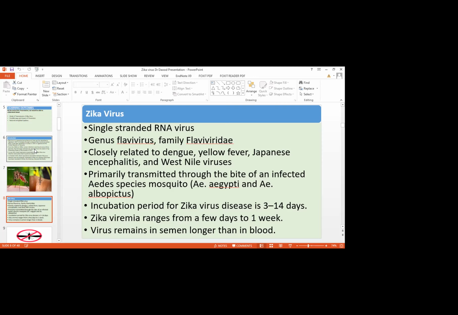Incubation period of Zika virus disease varies between 3 to 14 days, and Zika viremia ranges from a few days to 1 week. Virus remains in the semen longer than the blood. We will see later on how it remains there for a longer period.